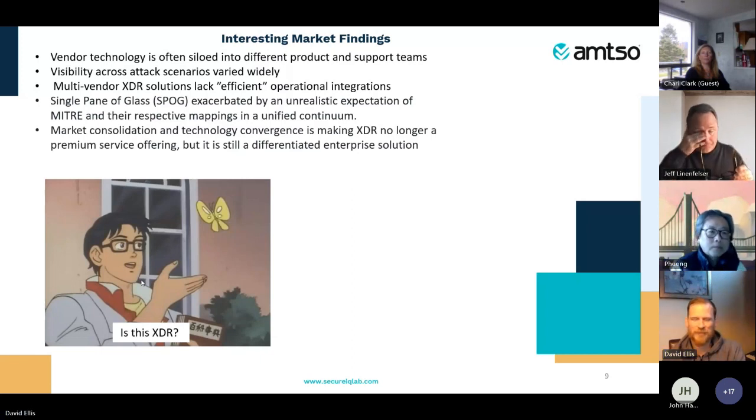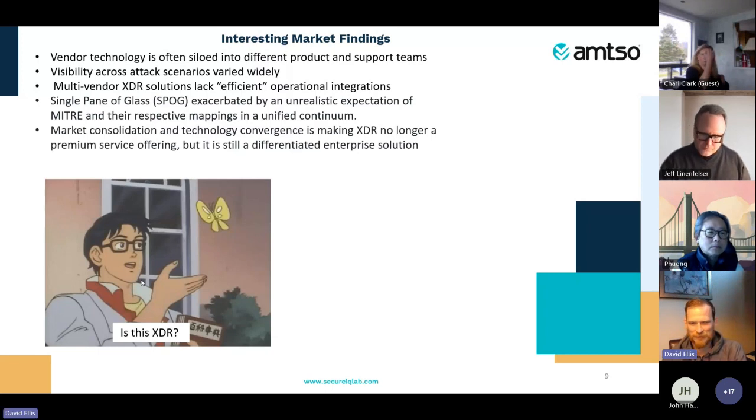And then we're looking at how the market's consolidating the technology, and even with vendors, enterprises, even government agencies, not really sure what XDR is. It's still interesting to see that there's a lot of buzz about it, and that it's something enterprises are looking to get the most out of, and they're interested in the differentiation between the different vendors.